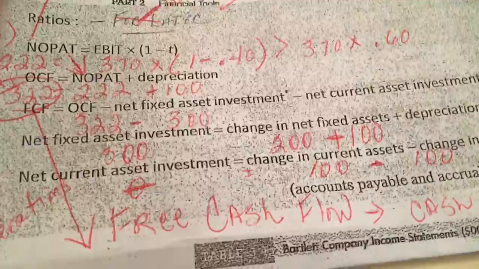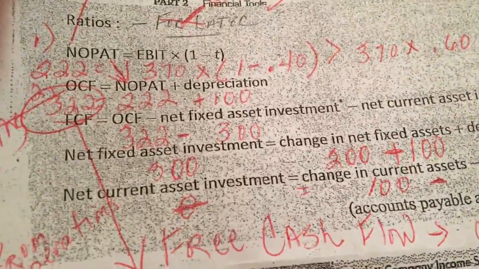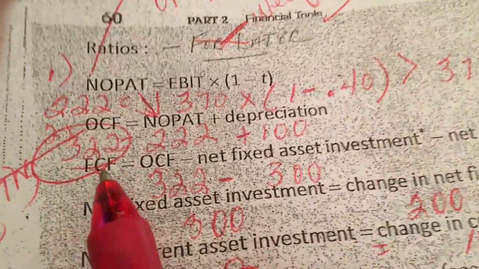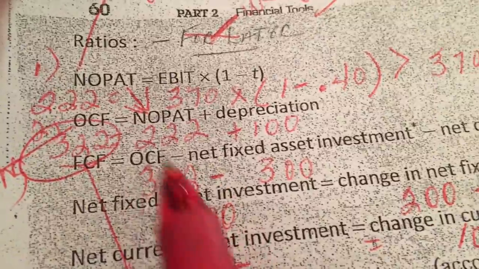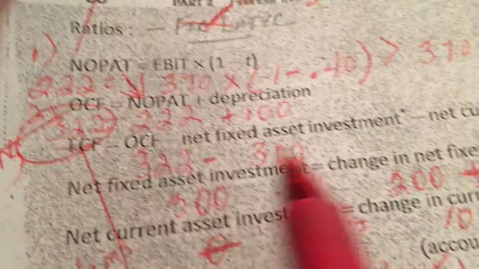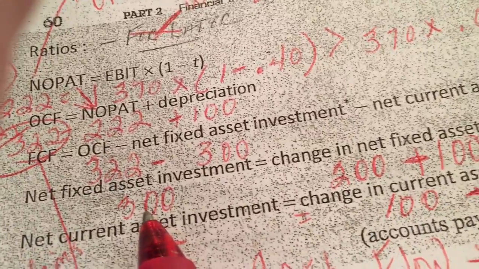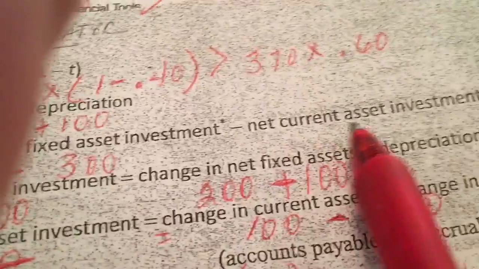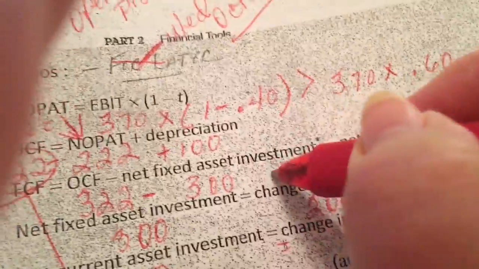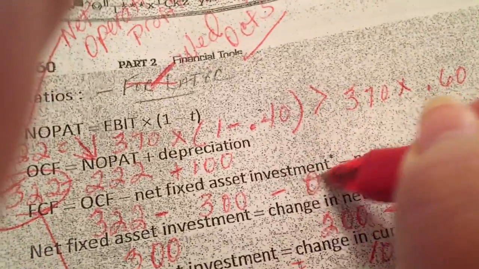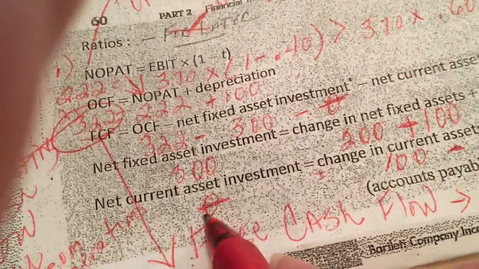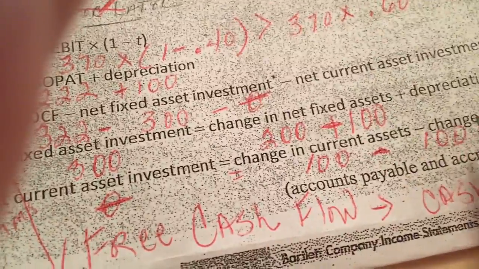So it's 0. Now take that 0 back up to the formula we're looking for, free cash flow, which was 322 from number 2, the 300 from the calculation below, fixed asset investment, and then net current asset investment is going to be 0. That came from this last calculation.